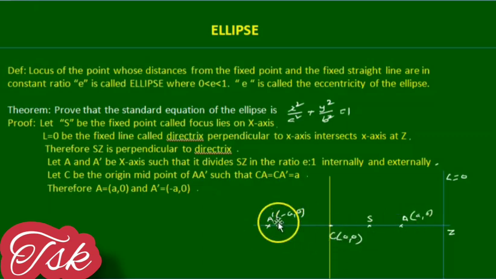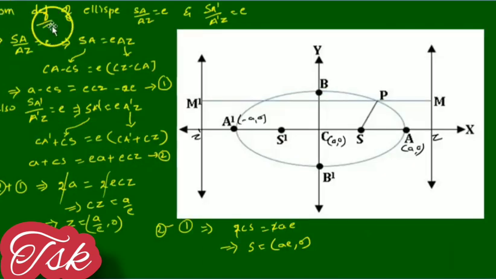Therefore, A is (a, 0) and A dash is (minus a, 0). So C being the midpoint means the origin, and if you draw a perpendicular to the x-axis through C, it becomes the y-axis. Therefore, C is the point of intersection of the x and y axes, right?